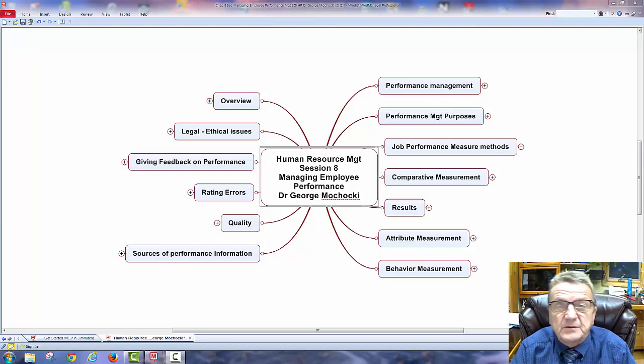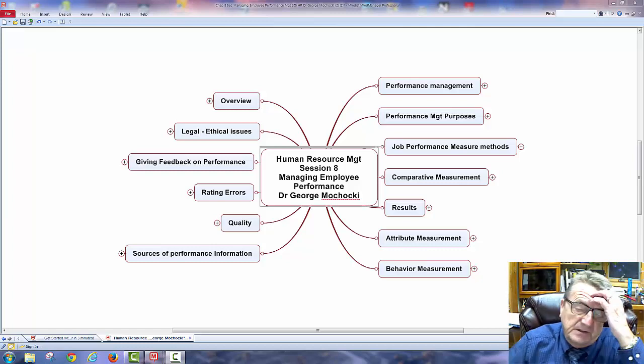How do I make sure that the feedback is positive feedback or corrective feedback, or feedback that has some responsibility to it, feedback that allows the individual to improve on his or her performance? Are there any ethical issues or legal issues in my performance evaluation, my payout, or how I measure employees? That's the whole overview.